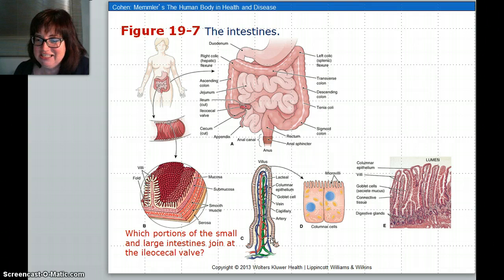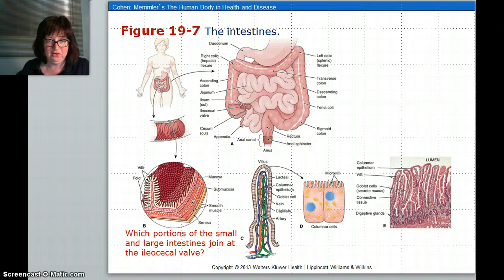Once the fat is digested into smaller fat droplets, it will be absorbed as fat through the lacteal. Then the lacteal goes into the lymph and eventually dumps into the circulatory system later on. Okay? Very important: increased surface area and excellent blood supply, and that is in the villi of the small intestine.